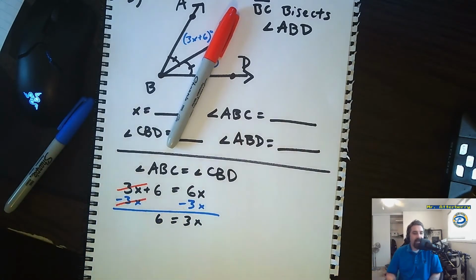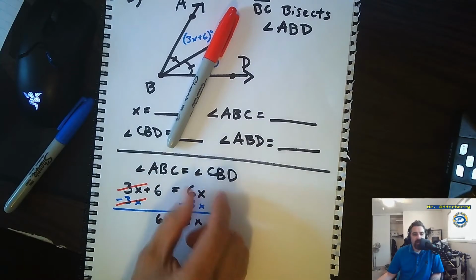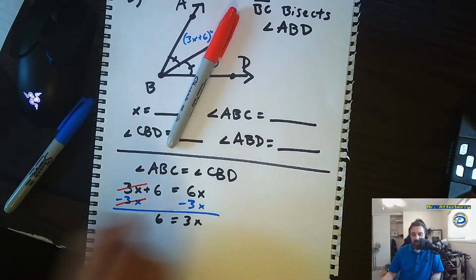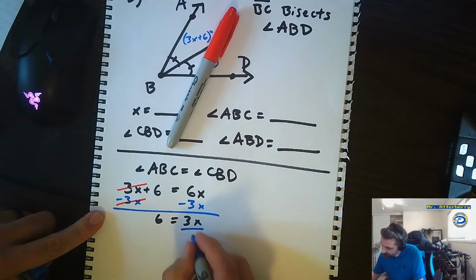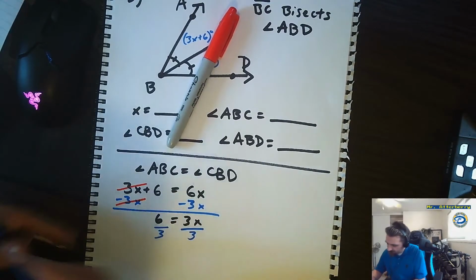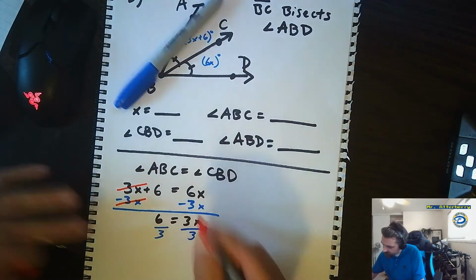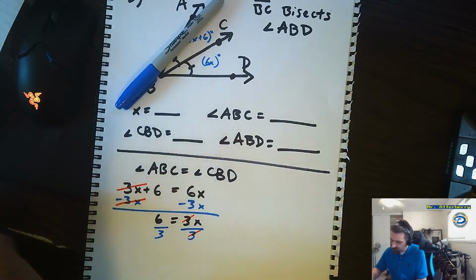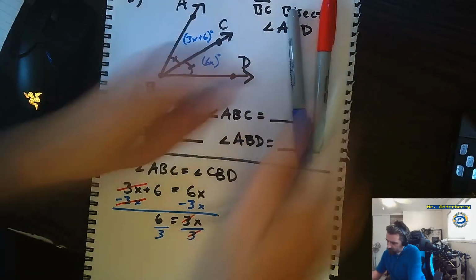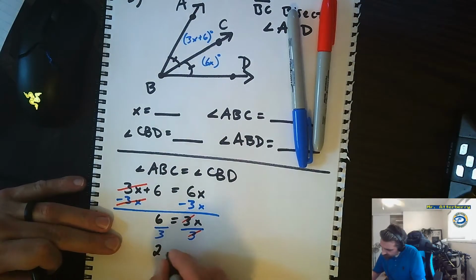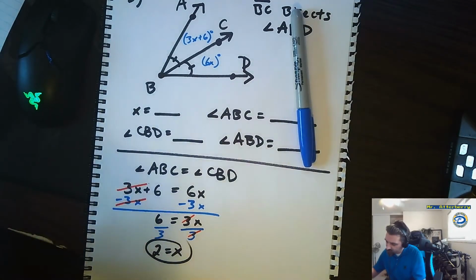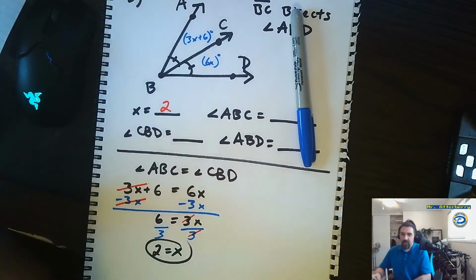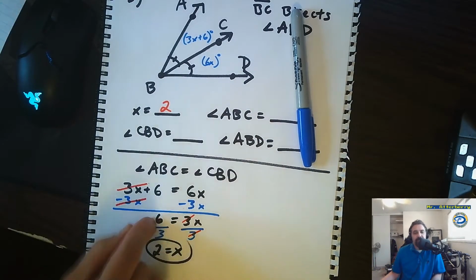When I do that, I get rid of this 3x. It goes to this side. So now I'm going to divide the 3 to both sides. And in your head, you might already have the answer. I got x equals 2.